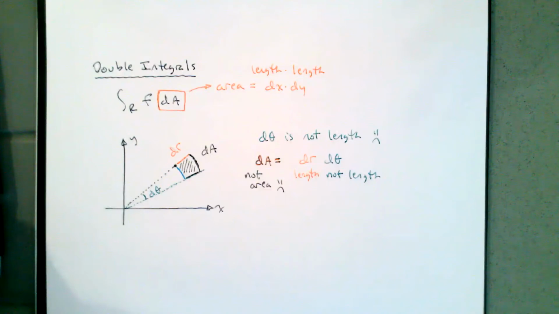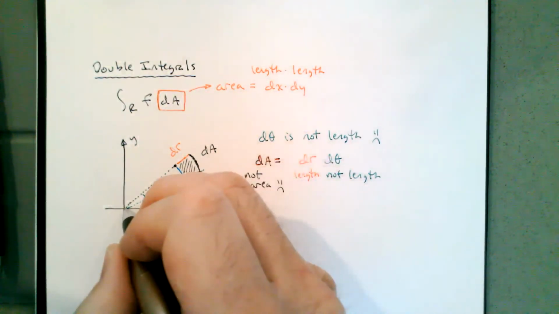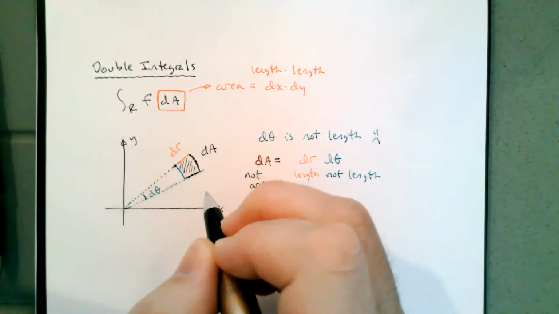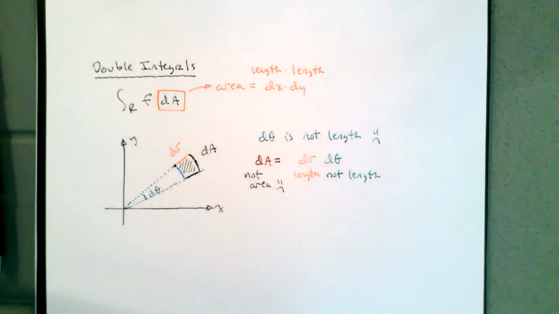Now, the length of d theta, this arc length, will depend on how far we are from the origin.